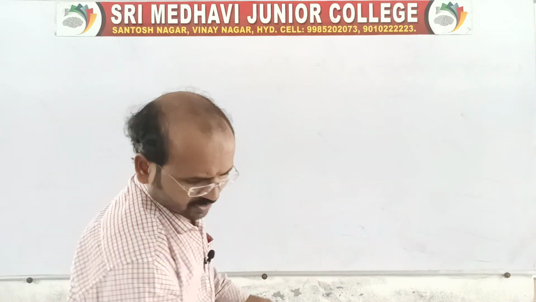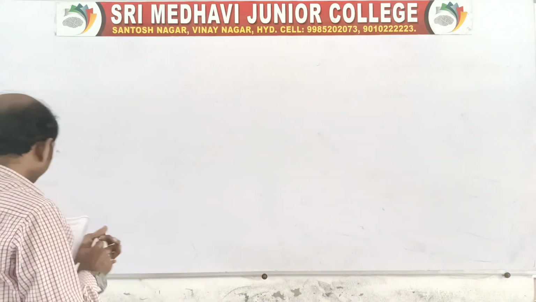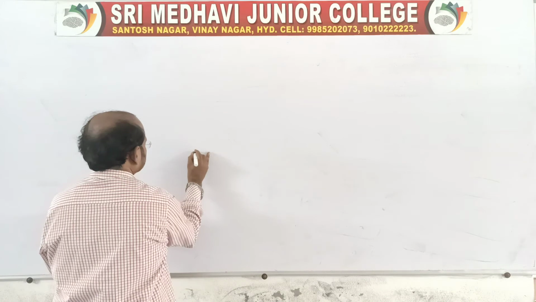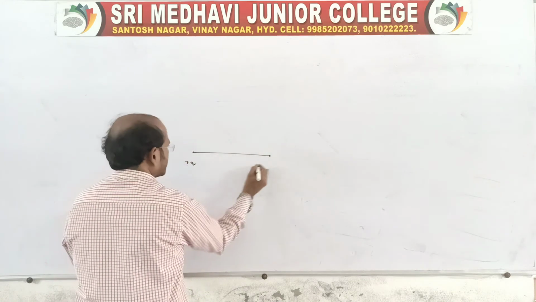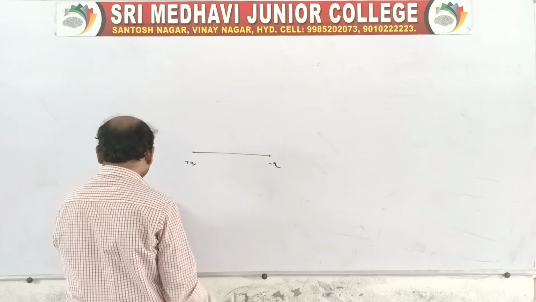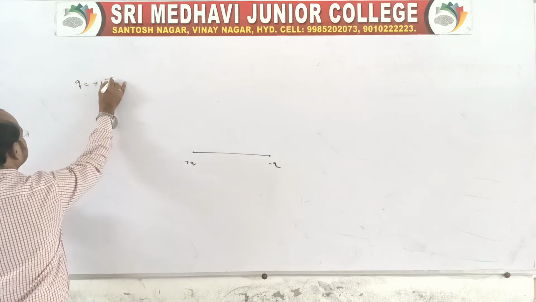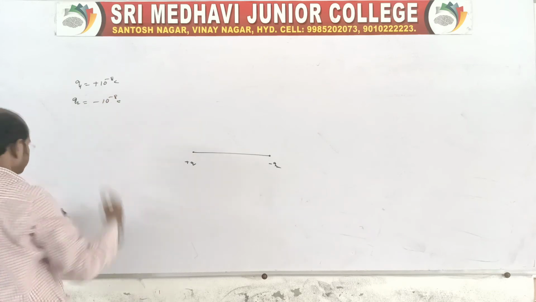Right. So the given question, properly read it and write what is given. Two point charges Q1 and Q2 are placed. In the diagram you look, this is the plus Q1 and this is the minus Q2. Q1 is given as plus 10 power minus 8 coulombs, Q2 is equal to minus 10 power minus 8 coulombs.